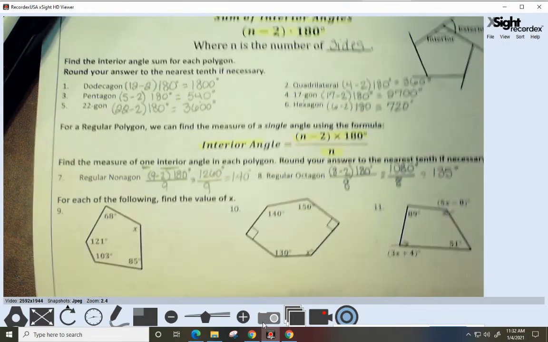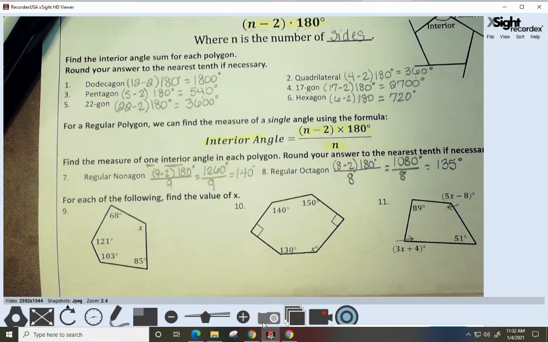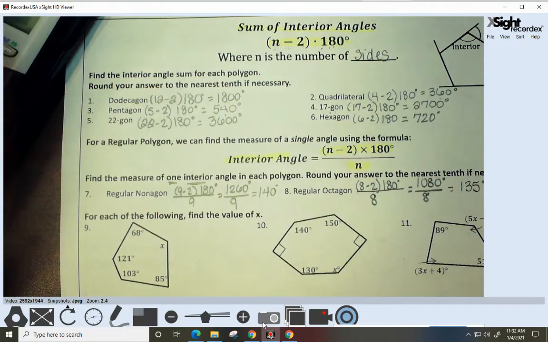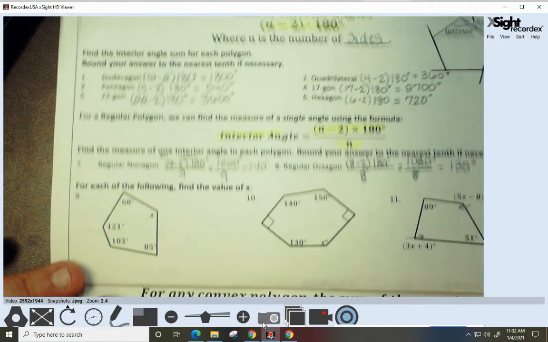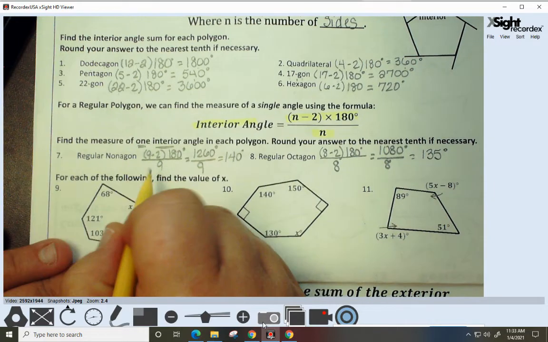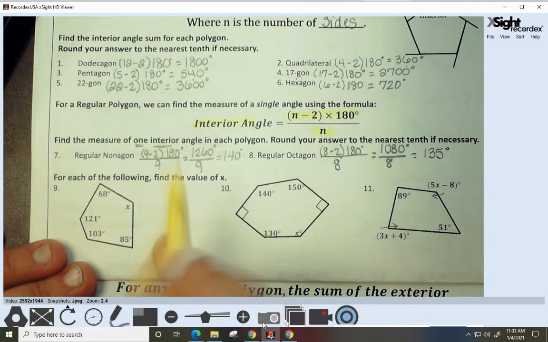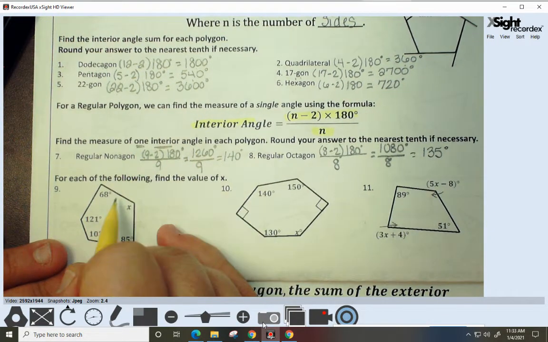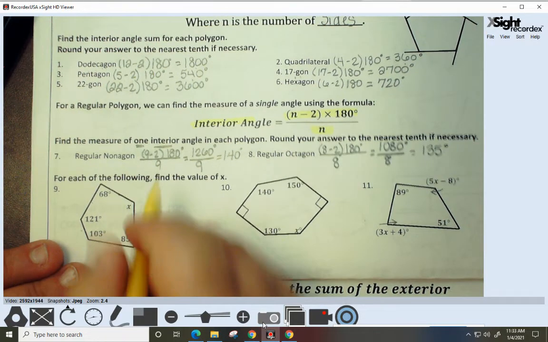Now, number 9, they switch it up a little bit. We know we take everything inside, add it up, and set it equal to how many degrees are inside. Now they're going to switch me around. It's not going to be something like a triangle, a square, or a rectangle where I know exactly how many degrees are in there. So the first step is to count my sides. 1, 2, 3, 4, 5 sides.